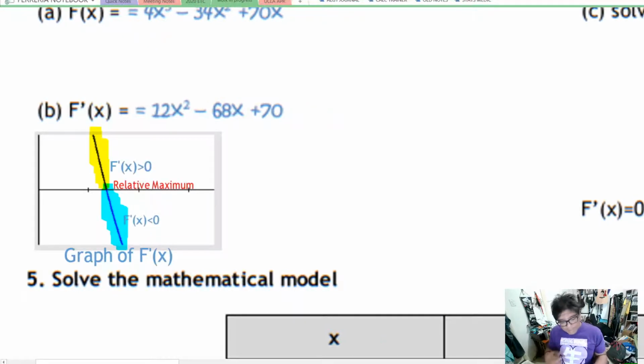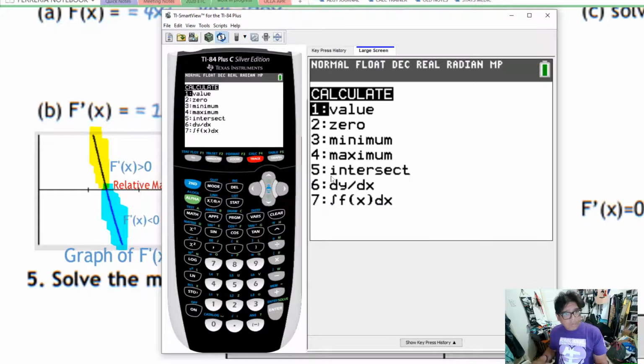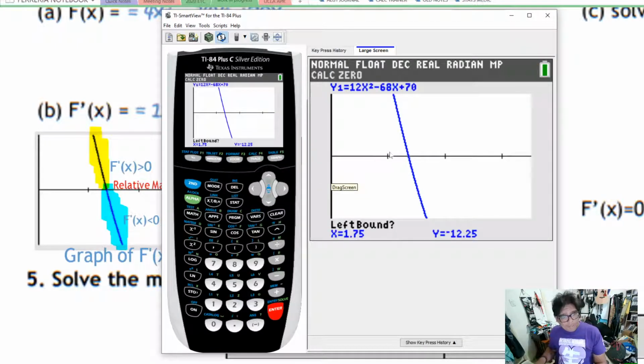Now that we know that that's a relative maximum, that kind of takes away a little bit of our mental stress, I guess. Let's go back to the calculator and figure out the coordinate there. We can go calculate the zero. That's between 1 and 2. So the left bound, I'll make that a 1.